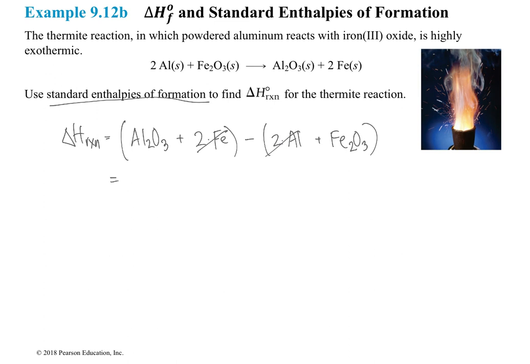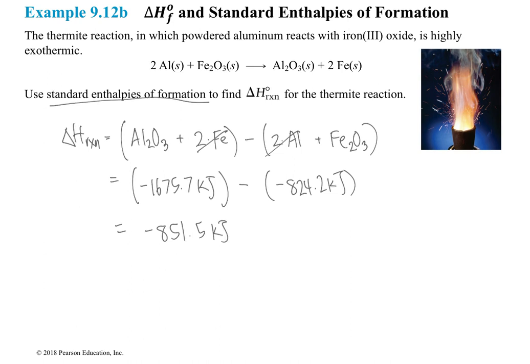If we look up aluminum oxide in the book, we get negative 1675.7 kilojoules plus 0, minus iron oxide, which is negative 824.2 kilojoules. So I get my enthalpy of reaction being negative 851.5 kilojoules for this reaction.